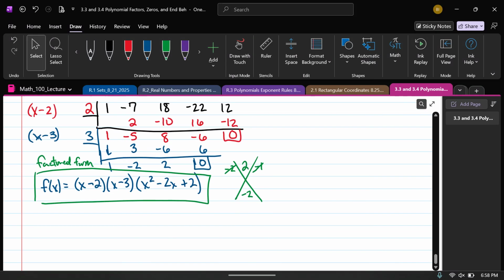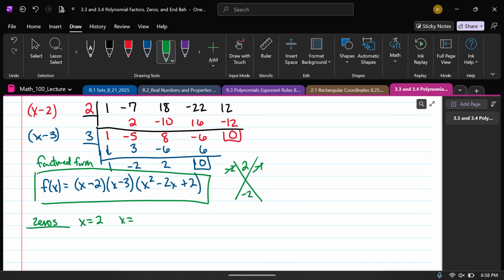Now I want to get the zeros. I got x equals 2. I got x equals 3. I already got those. Now I got to get the zeros for this quadratic that's left. And if it won't factor, how do I solve it? Quadratic formula, absolutely. So that's where I'm going to go with this.